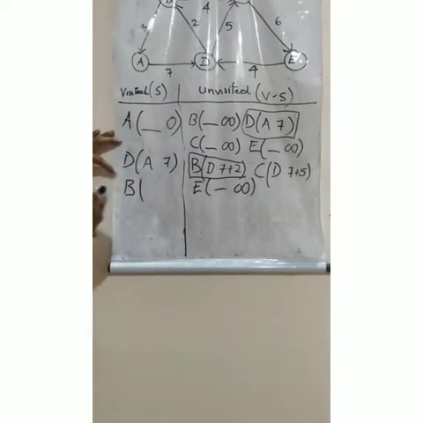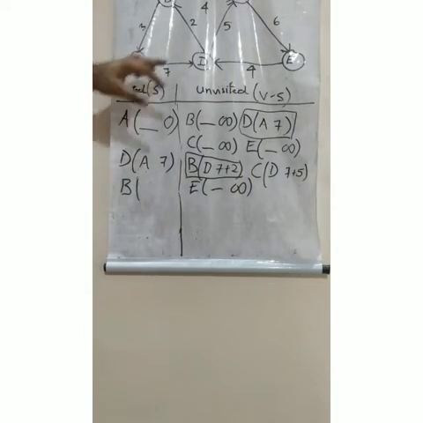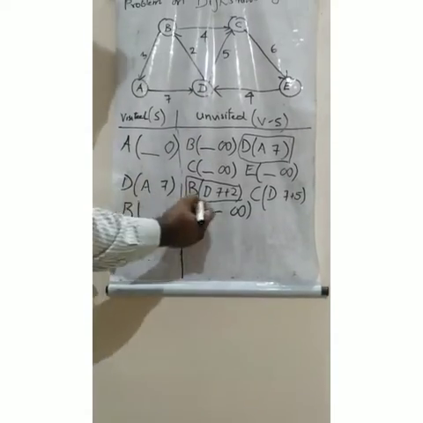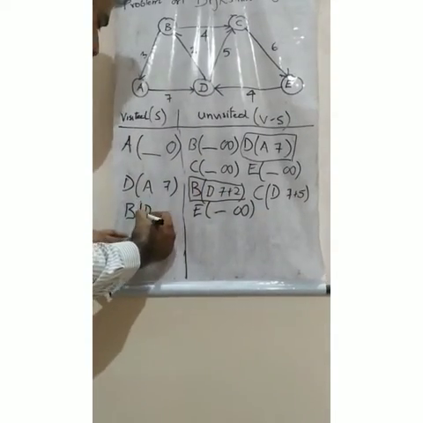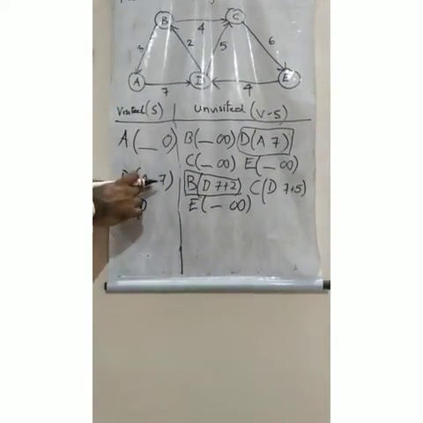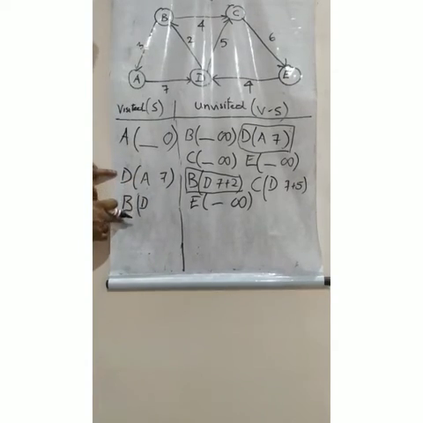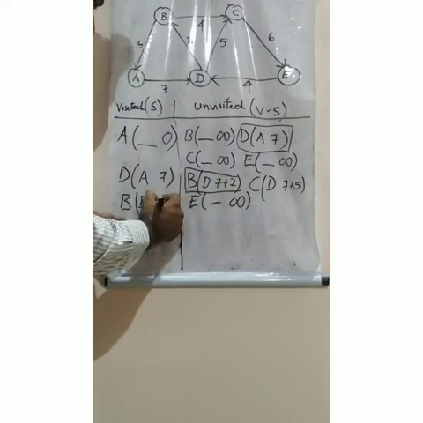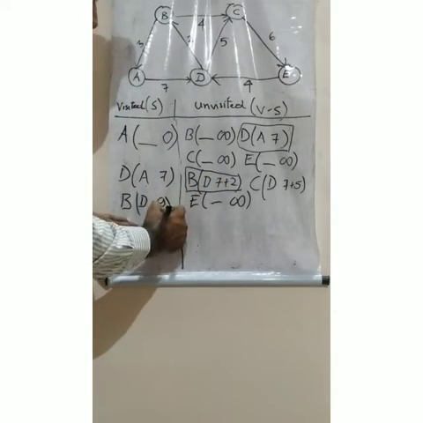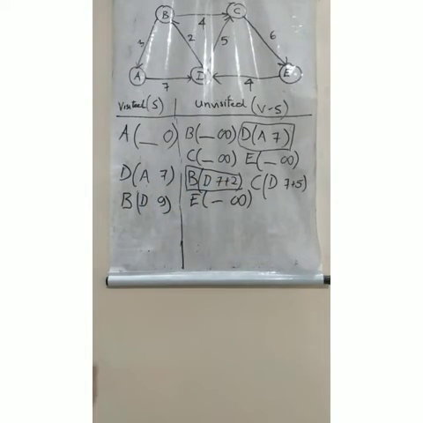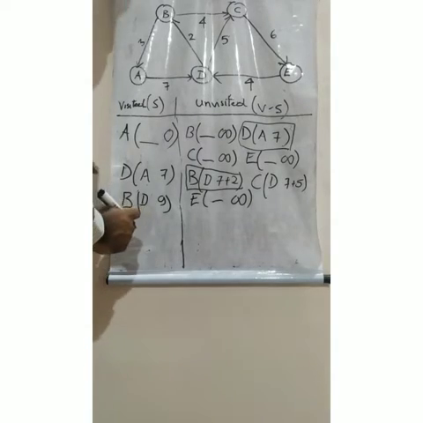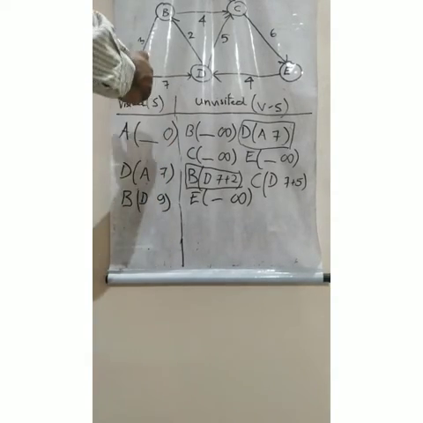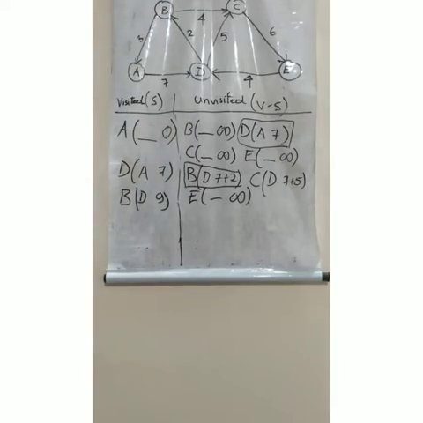So now we have got the shortest path to B. The shortest path to B is via D. The source is D, and for D the source is A. That means the shortest path to B is ADB, and the distance is 7 plus 2, 9. Now again we have to consider the remaining vertices.